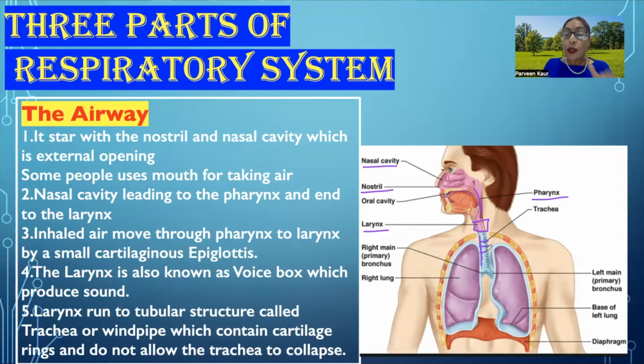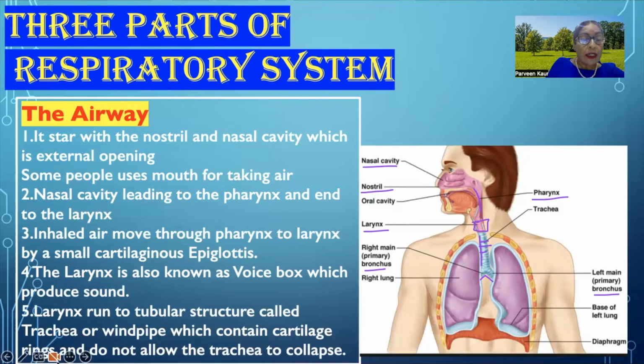It does not allow the trachea to collapse. With the help of the trachea, air can move downward, so therefore it is provided with cartilaginous rings. Next, this trachea further divides into two bronchi, the right side bronchus and the left side bronchus. Now the bronchi open into the lungs.